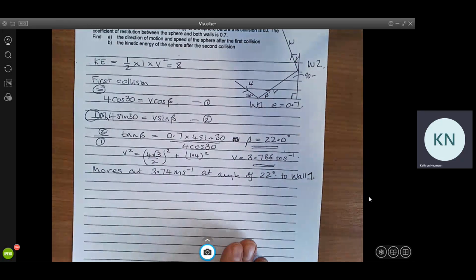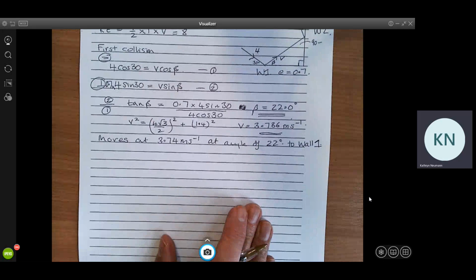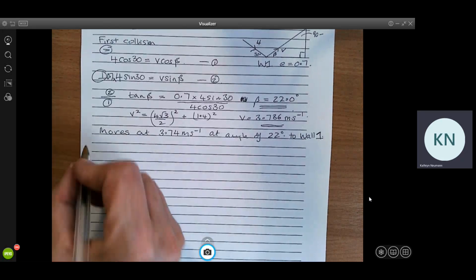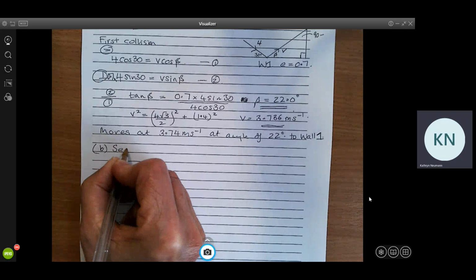So that's part A. Part B, we need to find the kinetic energy of the sphere after the second collision. So let's look at the second collision and see what happens.